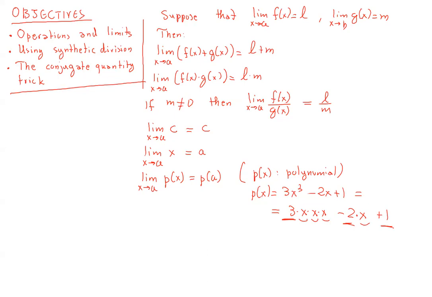And if you have the quotient of two polynomials, then you're going to get p of a over q of a, assuming that q of a is different from 0, of course. This is in the case that p of x and q of x are polynomials.